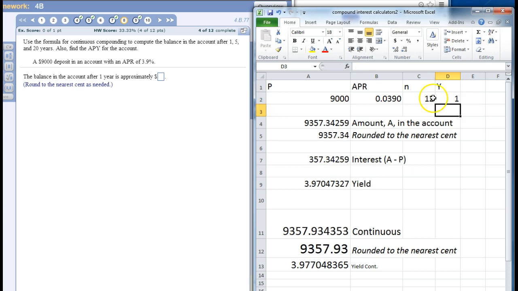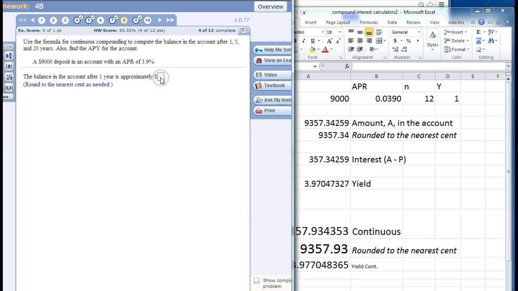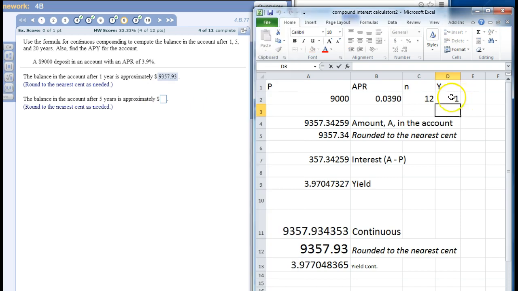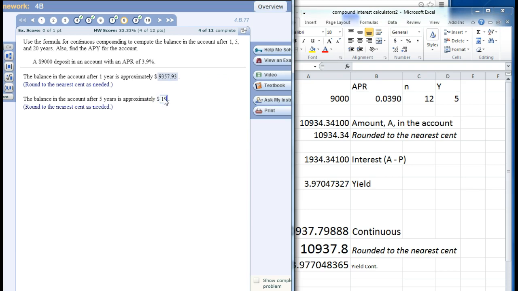So for 1, we get this amount, 9,358.93. And then for 5, we'll just change that 1 to a 5. So that's $10,937.80.